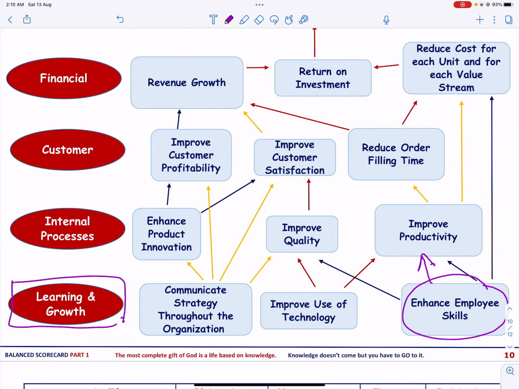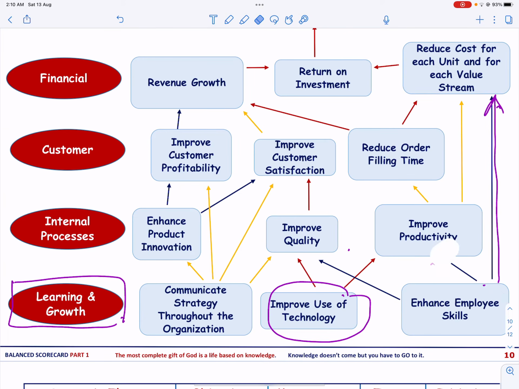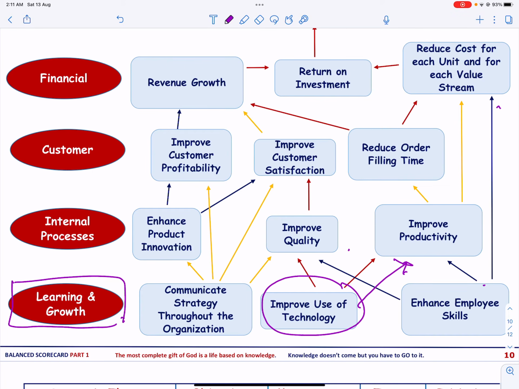This will reduce the cost for each unit in the value stream, and at the same time it will improve the quality as well. If the company improves the use of technology by training the employees, the productivity will improve. And this will improve the quality as well.